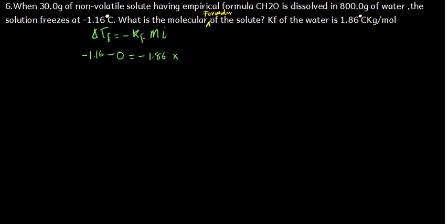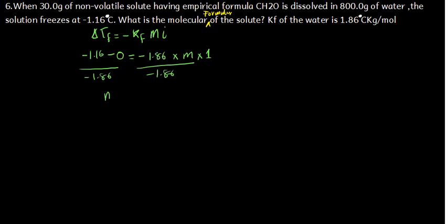Do we know the molality here? No, we don't know the molality. What is the Van't Hoff factor? They've told us it's non-volatile, and just by looking at the empirical formula, this is an organic compound. It doesn't dissociate, so the Van't Hoff factor is 1. To remain with just molality, we're going to divide by negative 1.86, even this side divided by negative 1.86.